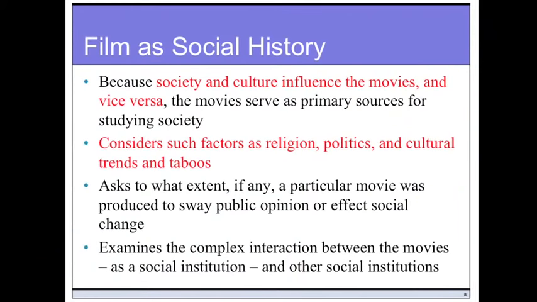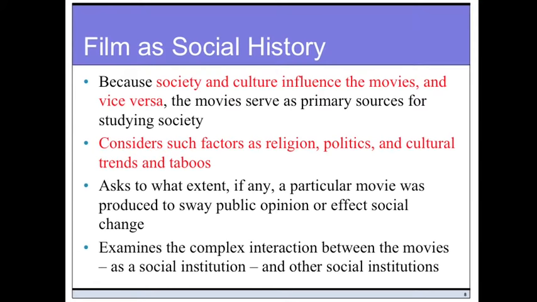And finally, film as social history. This is probably one of the coolest ones, but also the hardest to prove. Film as social history basically says that society and culture influence movies and vice versa, where movies influence society and culture. And there's not one that's better than the other.